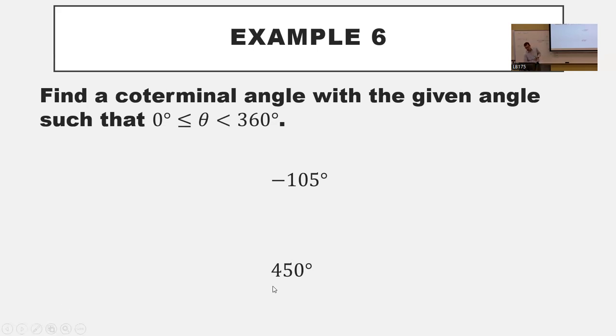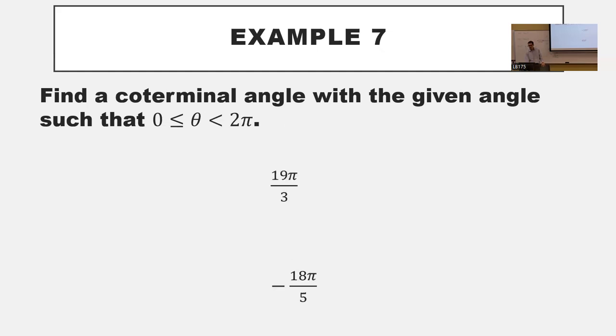If I take 450, this is what we just looked at, right? Instead of adding 360, I'd have to subtract 360 because that angle's too big. And that would be 90 degrees. So the coterminal angle of 450 degrees is 90 degrees, the coterminal angle between 0 and 360. Okay.